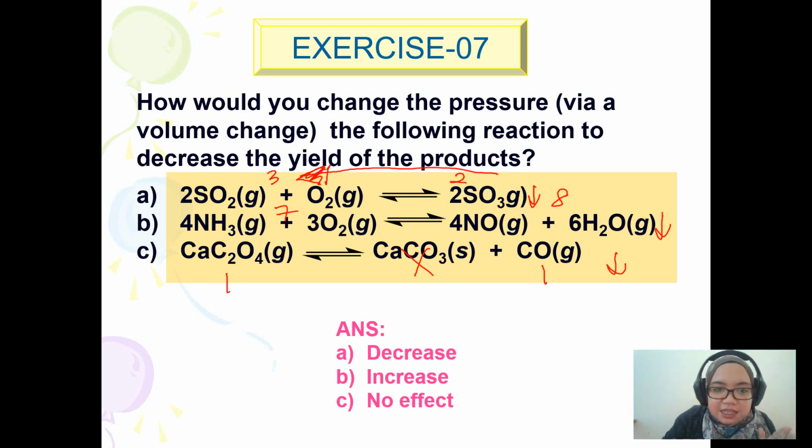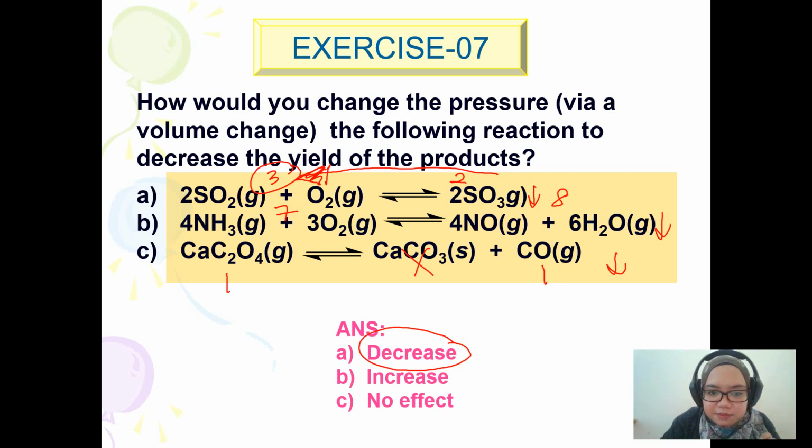So, in this case, the right side has higher moles of gases to increase the pressure back, right? So here in A, we decrease the pressure so that the system will increase the pressure and shift the equilibrium to the side with more number of moles of gas.